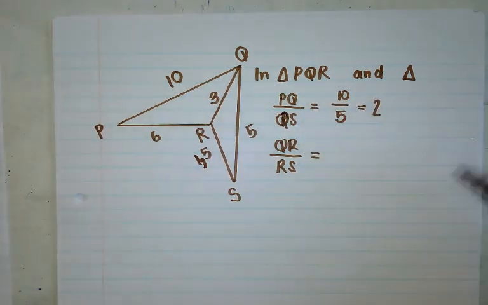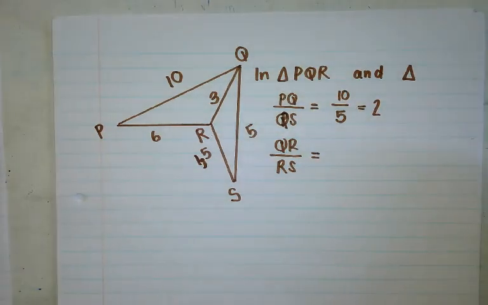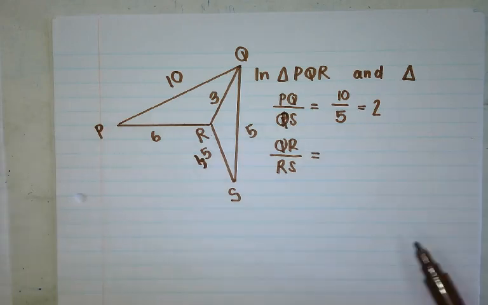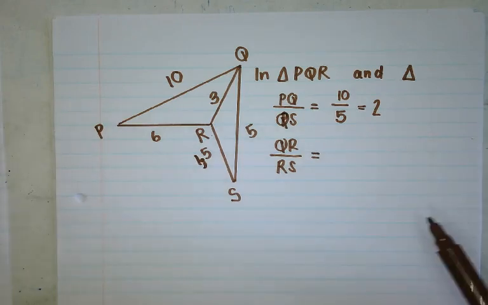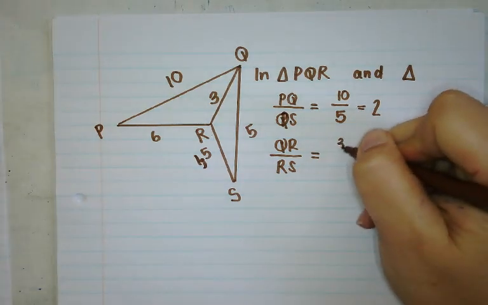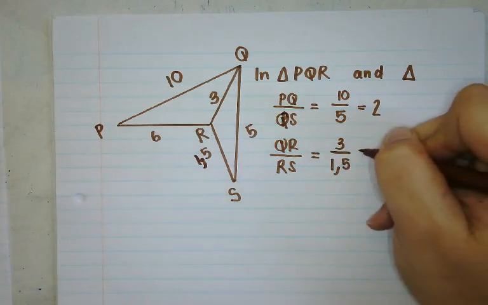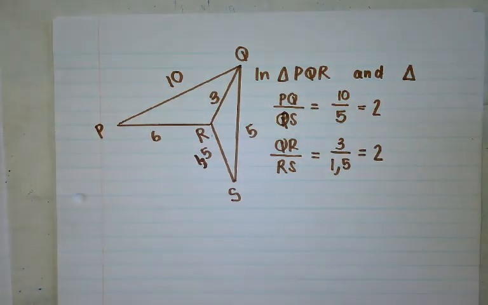Even though you would be very tempted to say QR in both. But just because it's shared does not mean they are corresponding. So QR is 3, RS is 1.5, 3 divided by 1.5 is 2.